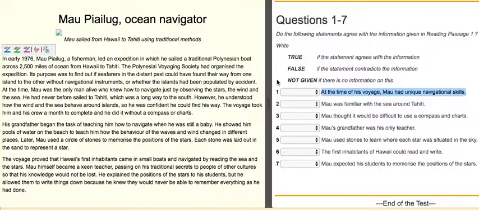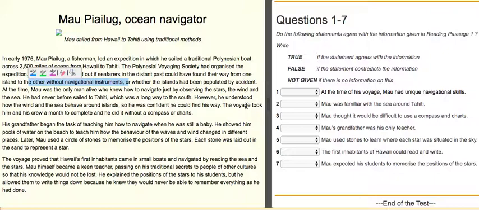False if the statement contradicts. What does this word mean? This means the opposite meaning: this one says yes, so you must find something in the reading that says no, and it must be completely opposite to each other.